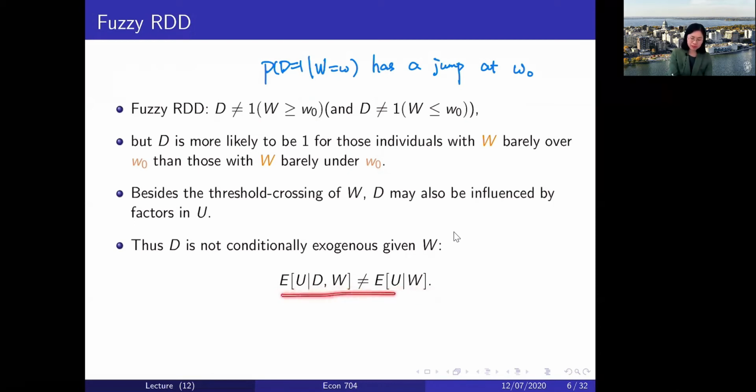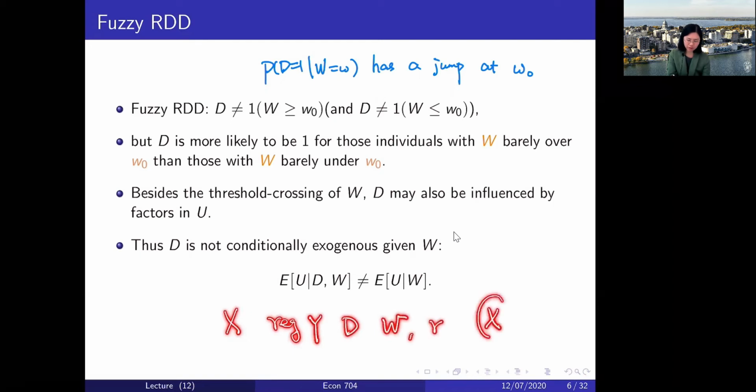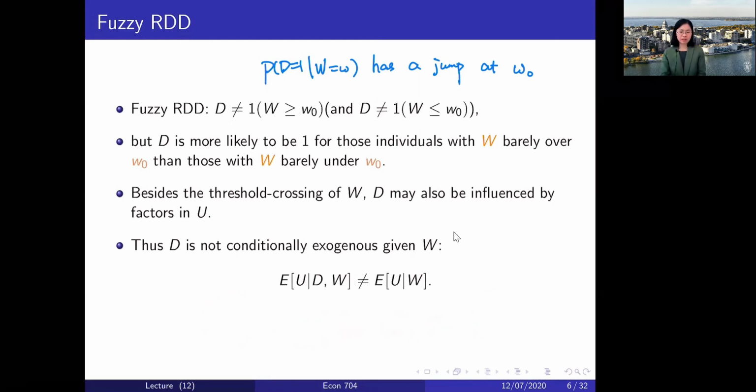So what this means is that you cannot obtain a consistent estimator for beta 1 by regressing Y on D and W. Regressing Y on D and W will not give us a consistent estimator for the causal effect.